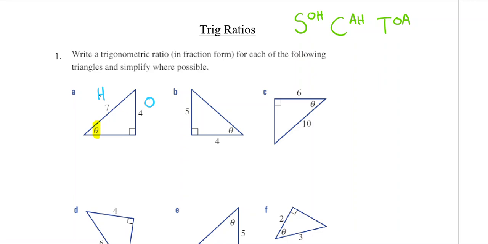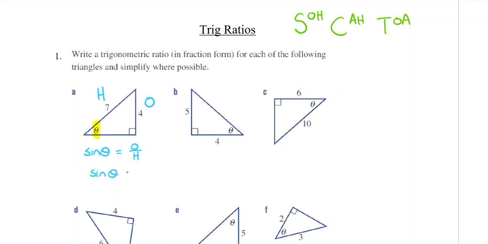Okay, so I've got the O and the H. So look up here, the O and the H means I need to use sine. Does that make sense? O and H means sine. So the formula for sine is sine theta equals O over H. And I'm only going to do one more step where I put the numbers in from my diagram.